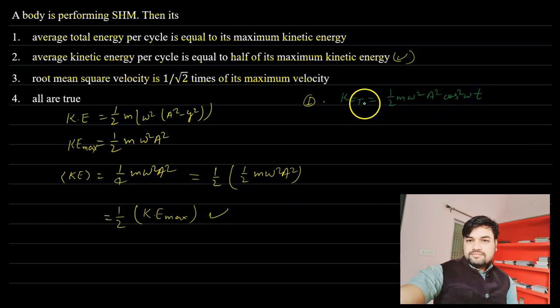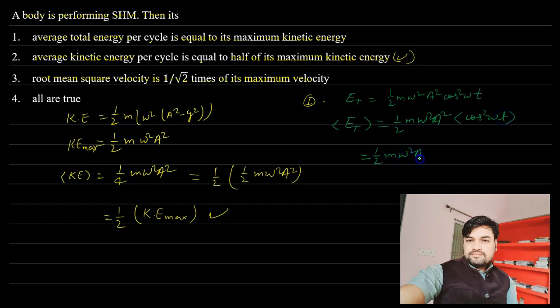This is the total energy. So the average of total energy, E total, is half of m omega square a square times the average of cos square omega t.